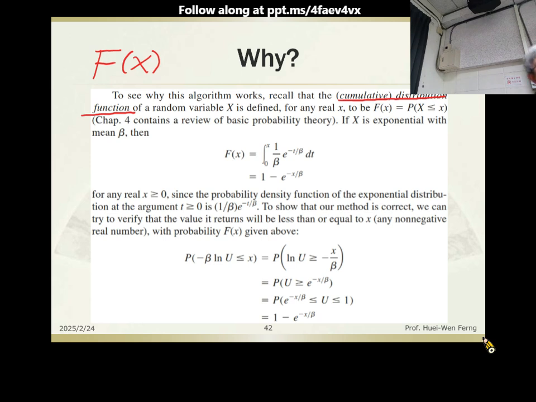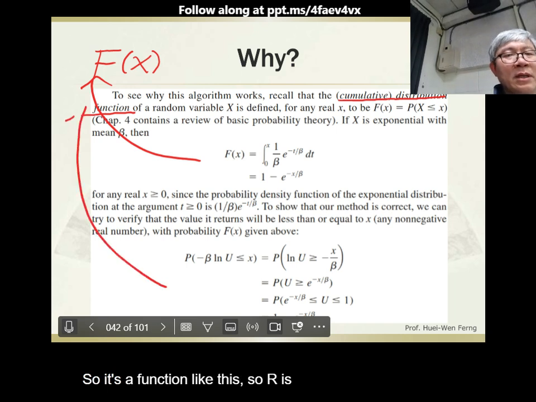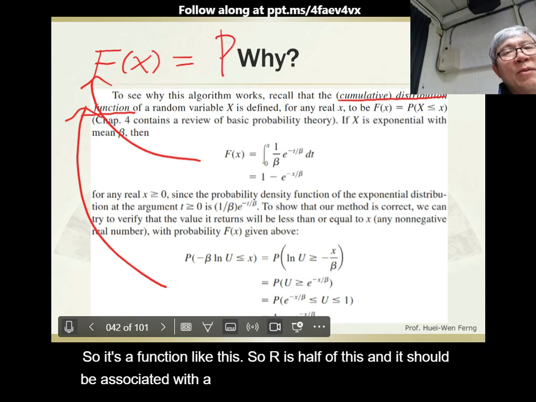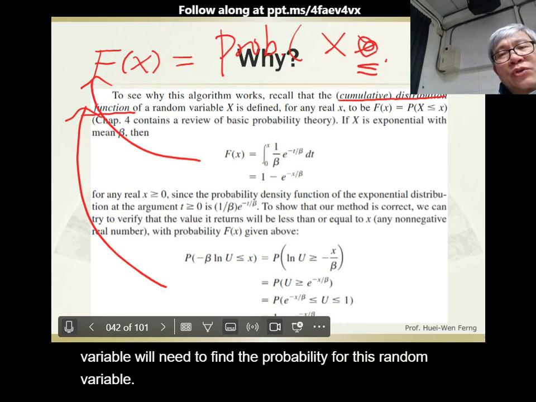So it's a function like this, so we always have this. And it should be associated with a random variable. And for this random variable, we need to find the probability that it is less than or equal to x.